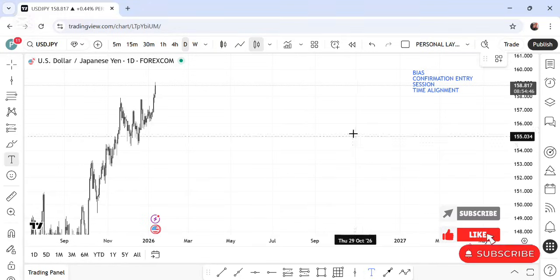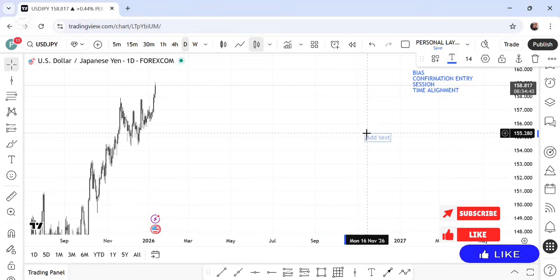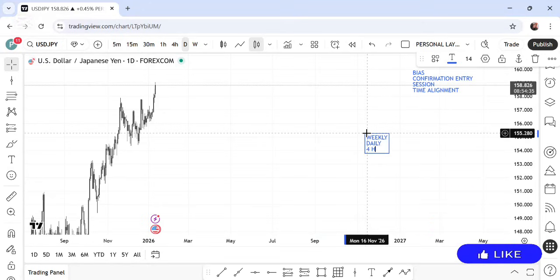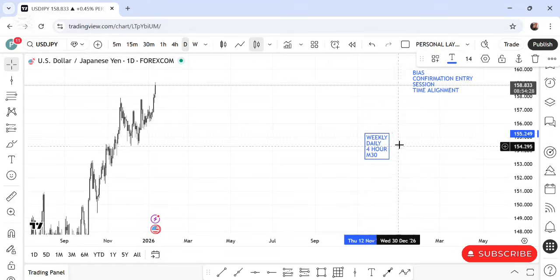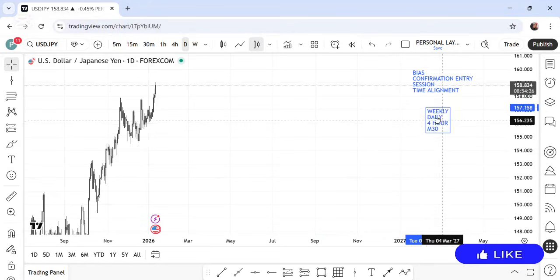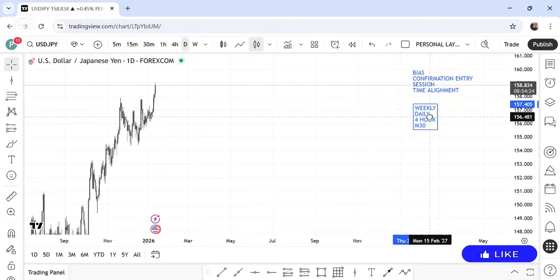The time frame alignment we are going to be using in today's session is that we'll start from the weekly time frame, then down to the daily time frame, then the 4 hour time frame. Then we can enter our trade from the M30, that is the 30 minute time frame. So these are the things we are going to be using in today's session, right?